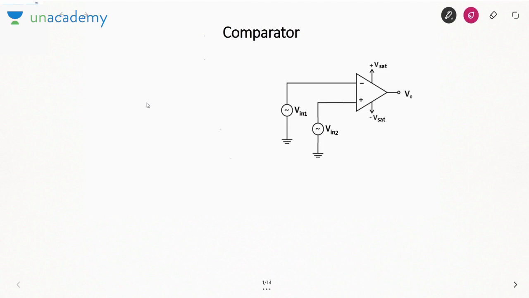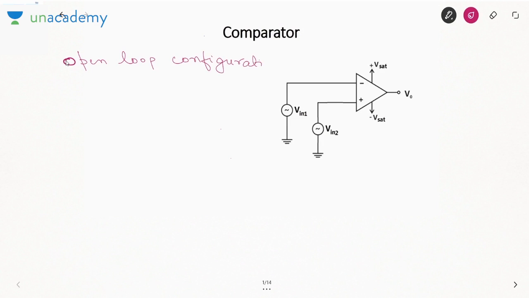Starting with the first device. The first device is called as comparator. As you can see the circuit on your screen, you will be observing that there is no closed loop. Okay, so this is nothing but an open loop configuration.